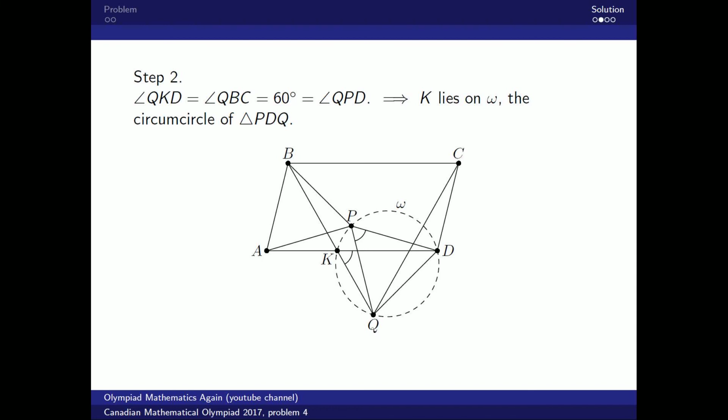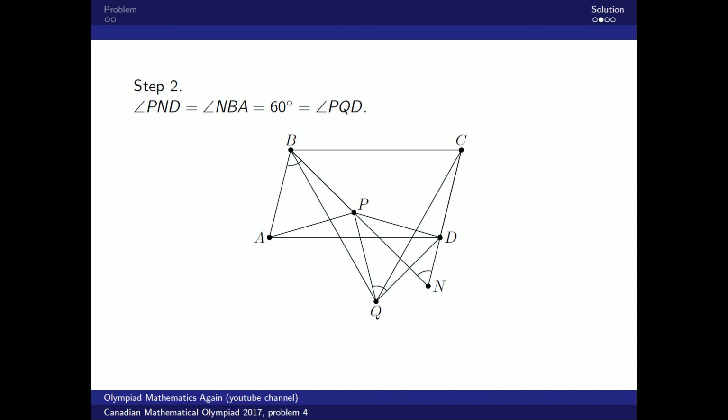Okay, so now we are going to prove a very similar thing about the point N. We see that the angle PND is equal to the angle NBA because AB is parallel to CD. Because the opposite sides AB and CD are parallel, the angle PND is equal to NBA.